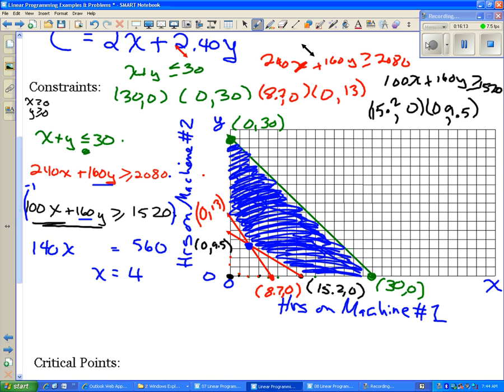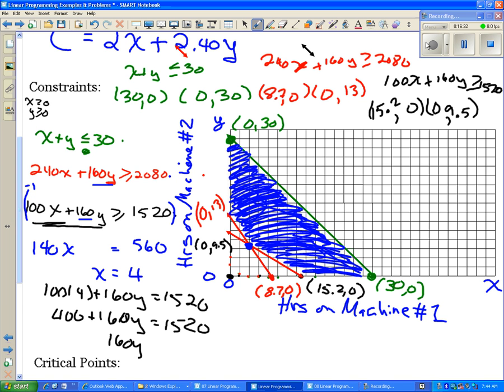So 100 times 4 plus 160y is equal to 1,520. So this is 400 plus 160y is equal to 1,520. Subtract the 400 from both sides. 160y is equal to 1,120. Divide both sides by 160, and I get y to be 7.